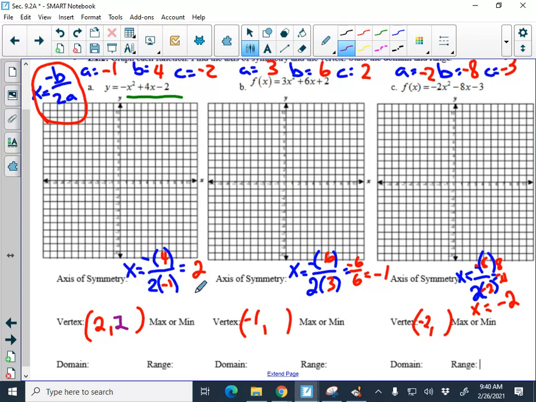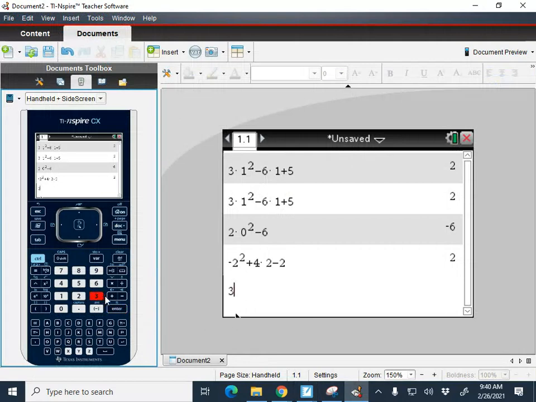Okay? So let's try this one over here now. Let's get the vertex. We're going to put in negative 1 into this equation up here. So 3, everybody type a 3 in your calculator.